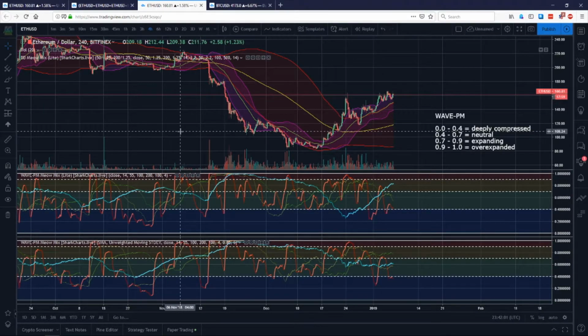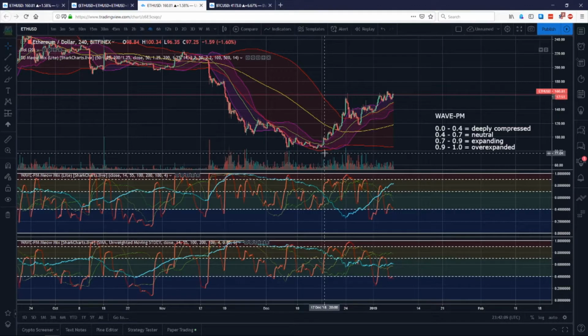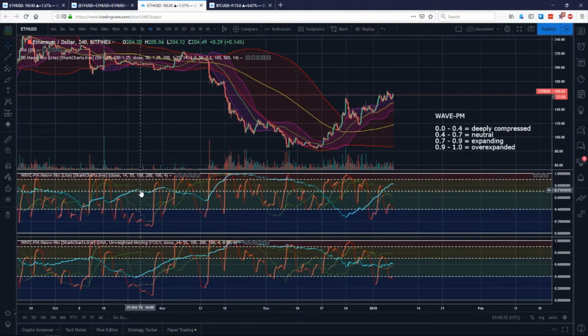Notably, it's a smoothing effect where it'll decide that something is more or less significant based on the recent past. It saw this as substantially more compressed than the real-time calculation does. It both recognized this area as an extreme expansion.